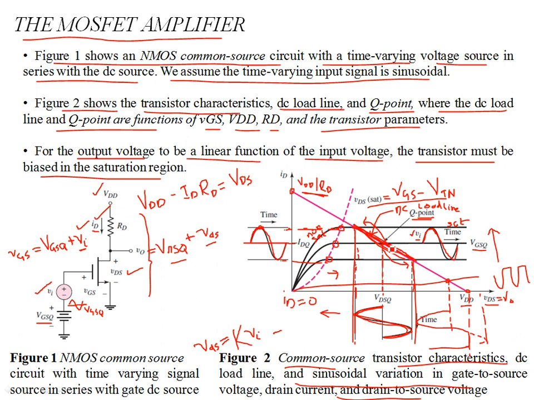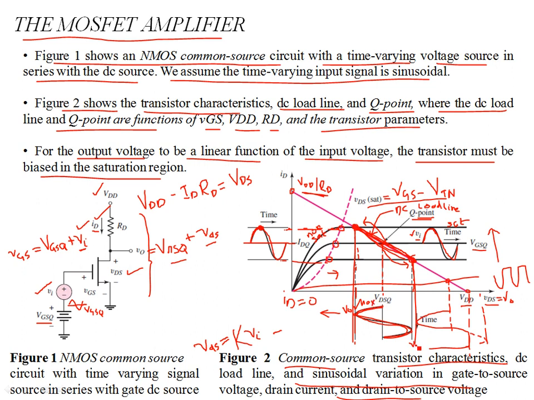When the Q point shifts upwards, or towards the left on the VDS scale, the output voltage decreases, but the drain current is at the maximum. On the other hand, the shifts of the Q point determine the limits of the maximum output. This is V naught max, and then you have V naught minimum over here.